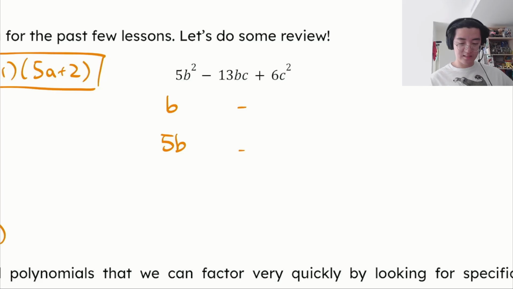That's not it. How about c and here instead? It's negative 30 and negative 1. That's negative 31. That's not it. Let's check 2 and 3. Oh, look at that. 2 times 5 is 10. 1 times negative 3 is negative 3. Add them up is negative 13.